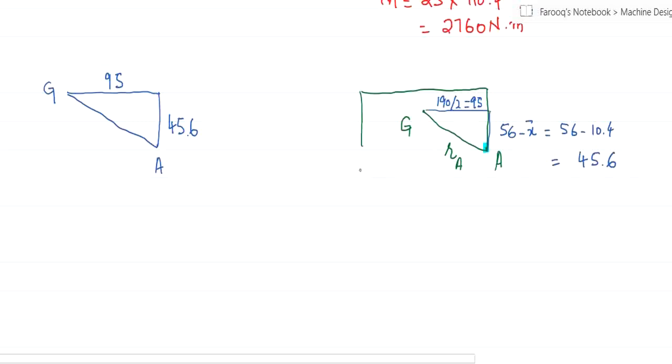So we can easily compute the value for RA is equal to 105 millimeter.